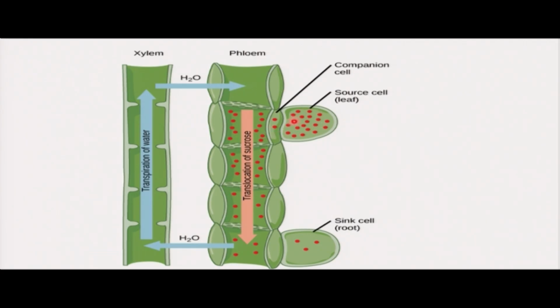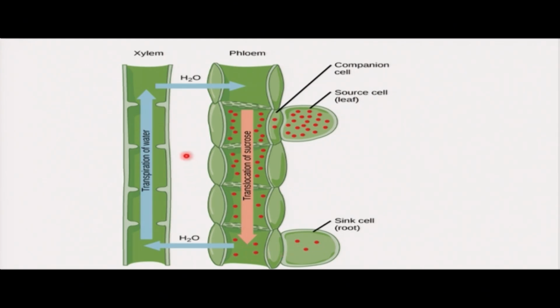Now, this is a cell in the leaf. You can see it has made food by the process of photosynthesis, and this food can be translocated to other parts of the plant. Here, for example, in the root cell, and that process is what we call translocation from where food is produced, or we can even call it the source, to where food is needed, what we call the sink.